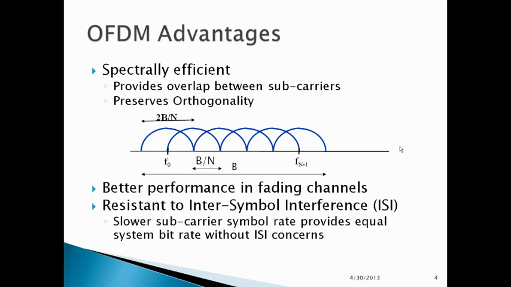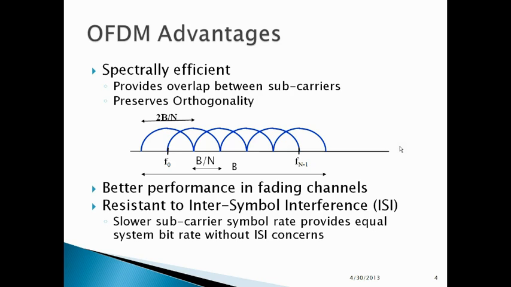And these subcarriers can all belong to one single user and be combined at the receiver to form a higher data rate data stream, which is actually what the OFDM system here does.